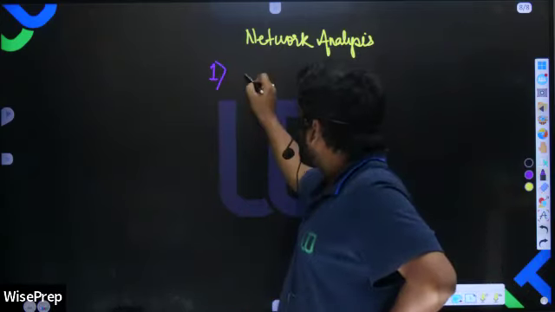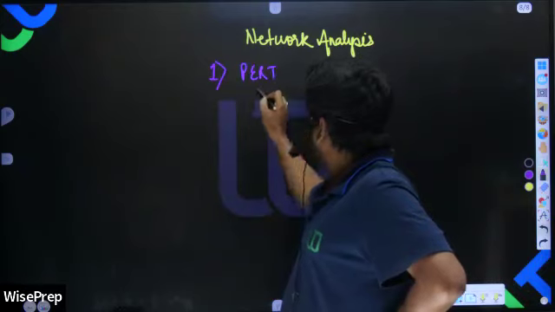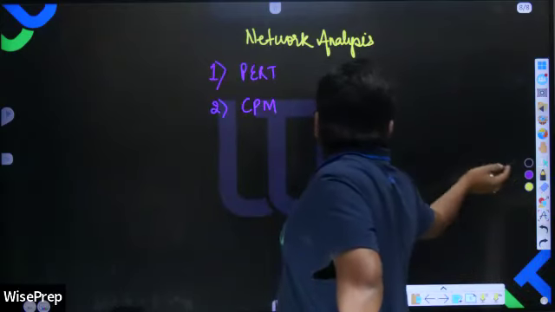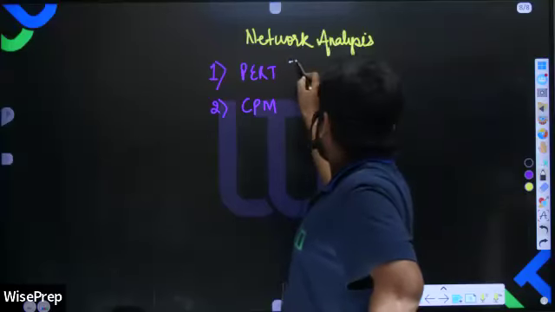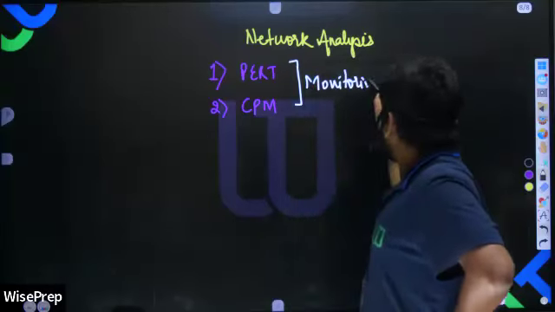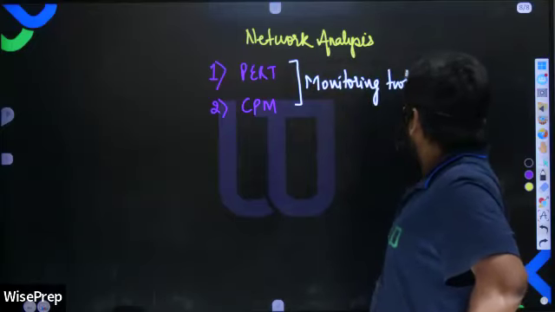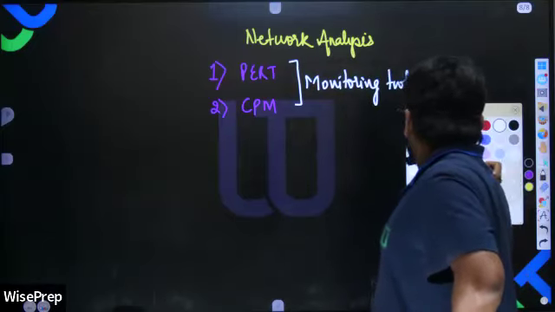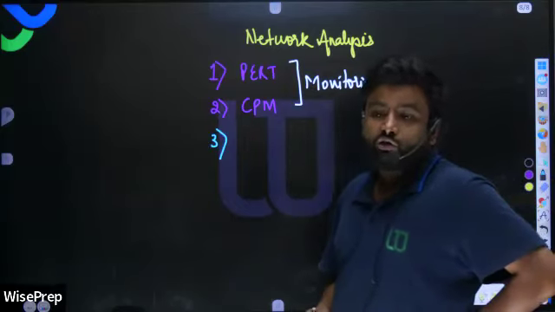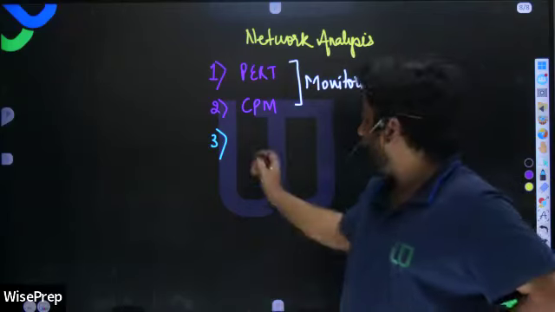So these are monitoring tools, and generally, these are very much important. PERT and CPM. Third is what? UNETICS. Generally, it asks the name.